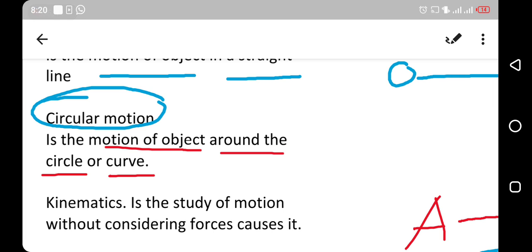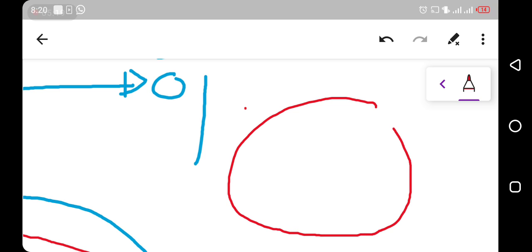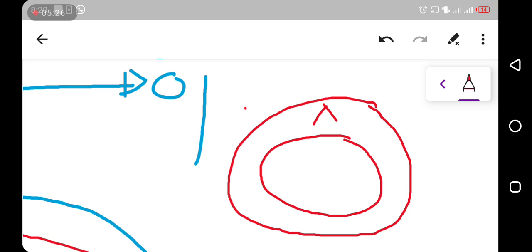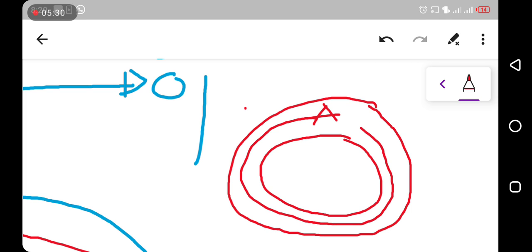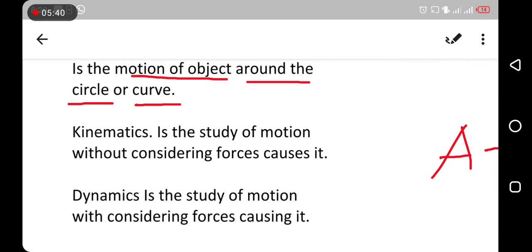Mfano mzuri ni vigari vya watoto wanavyochezea, vimewekwa kama duara, unakuta from point A wanaanza, wana move, wanarudi katika point ile ile, in form of a circle. Kwa hiyo hiyo tunaita circular motion. So those are the two types of motion.